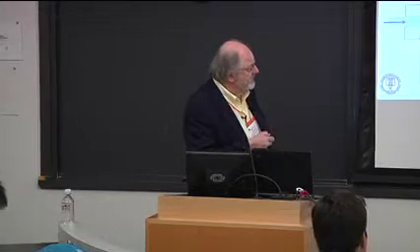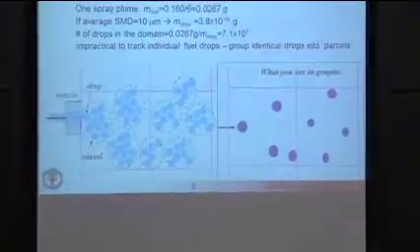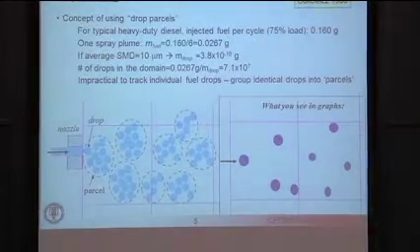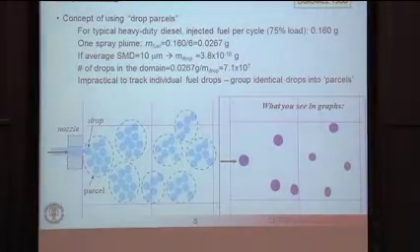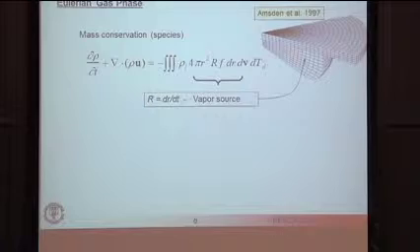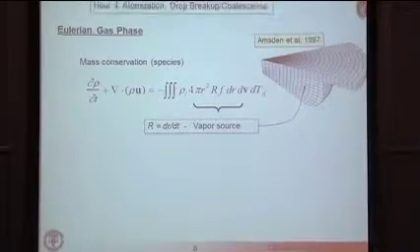But using this approach, if each of these parcels contains 1,000 drops, you can significantly reduce the number of drops that have to be tracked during a simulation. And typically, we use on the order of several thousand parcels of droplets to represent a spray. OK, so that's, I think, one of the major simplifications that was introduced.